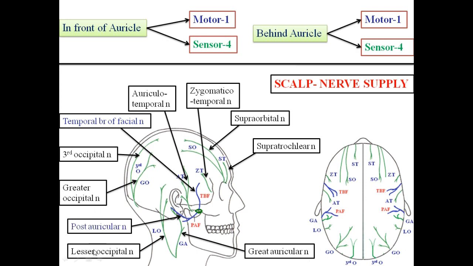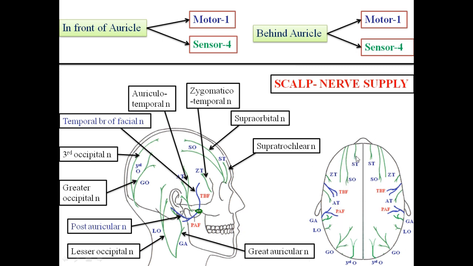The posterior auricular nerve is derived from the facial nerve, and the great auricular and lesser occipital nerves are derived from the ventral rami of the C2 and C3 cervical segments, whereas the greater occipital and third occipital nerves arise from the dorsal division of the C2 and C3 segments.